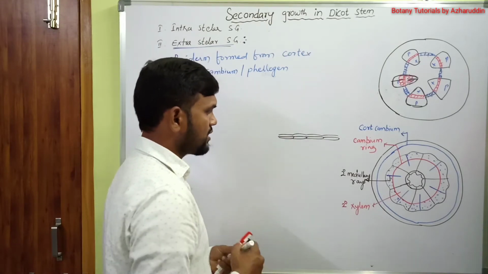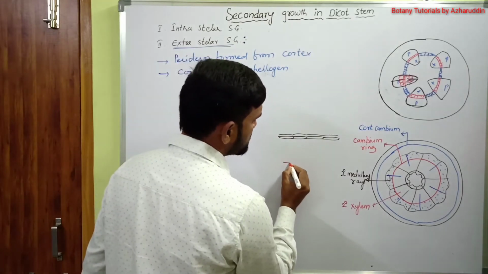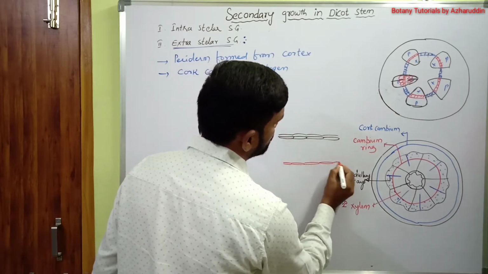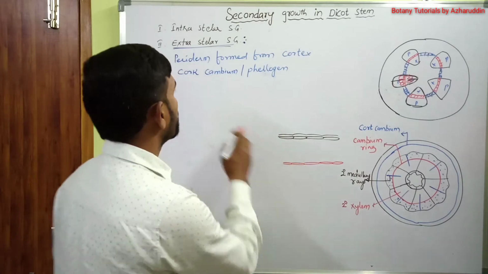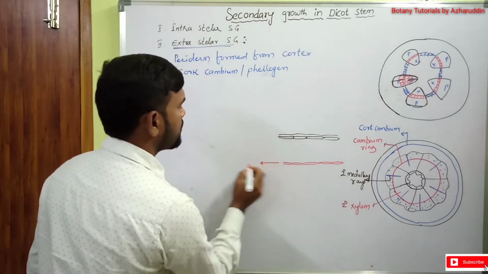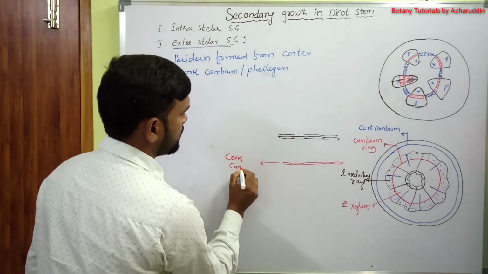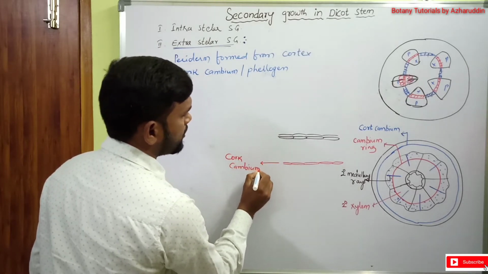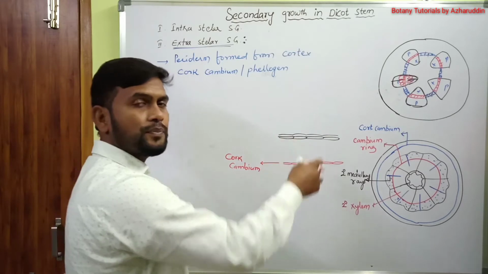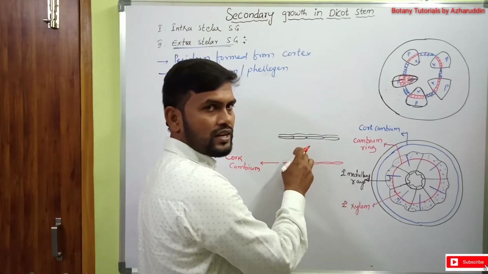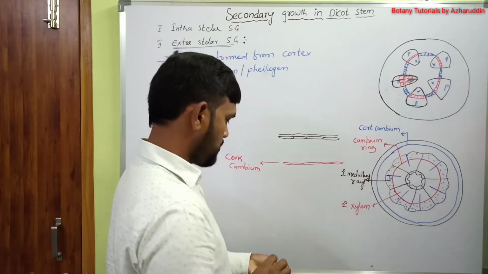In the cortex, the middle cortical cells or inner cortical cells differentiate to form cork cambium. These cork cambium cells divide periclinally to form cells on both sides.